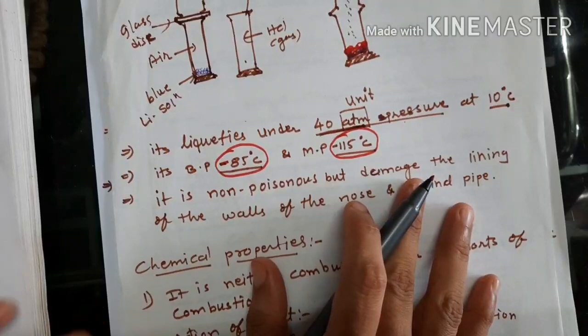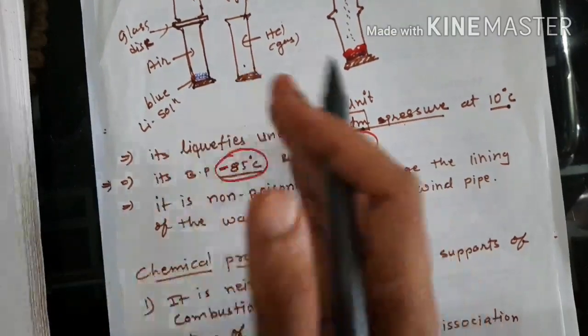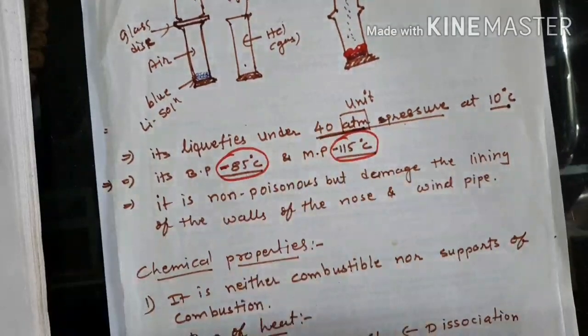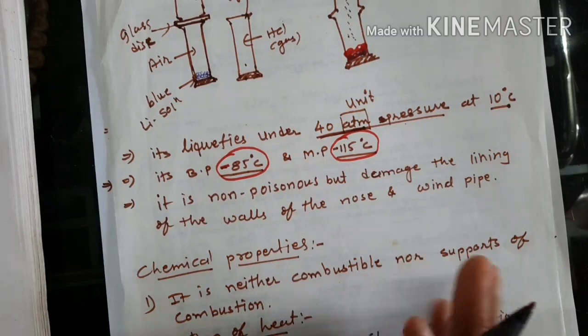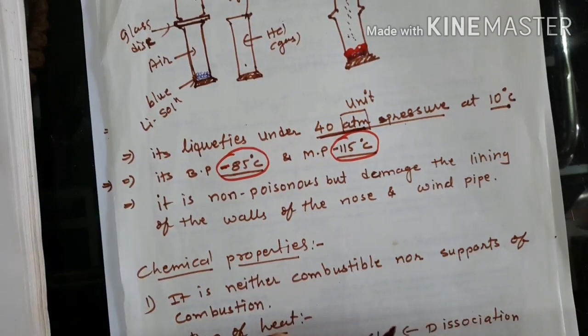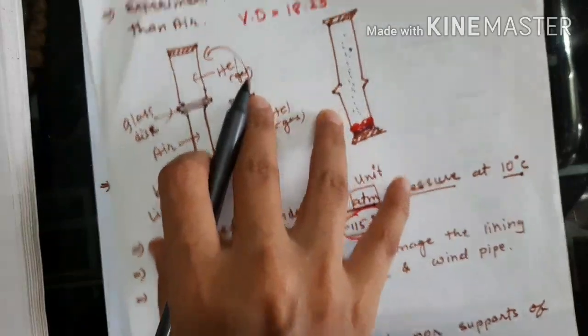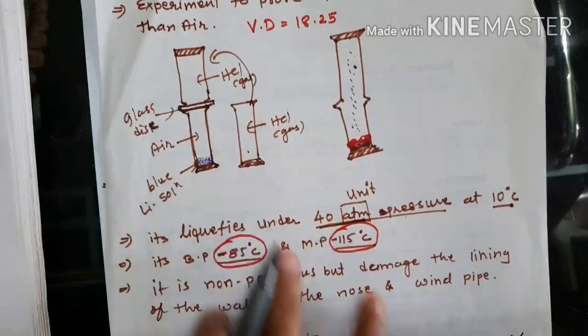I hope you understand the physical properties we have done. The color of HCl gas is colorless, and it has a sour taste. The odor is very irritating and pungent. Solubility: it is highly soluble in water, which we proved with the fountain experiment. The vapor density is higher than air, which we have also done.